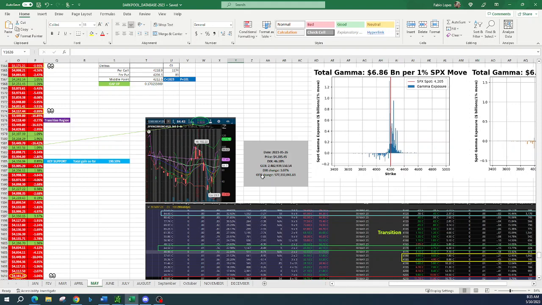So to move the market, they need at least like $7 billion to move 1%. So the futures already show us the market up 0.60-something percent. So maybe that's what you see today, right?